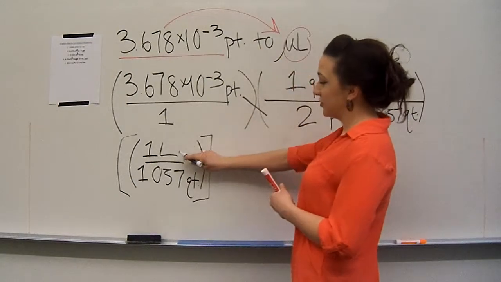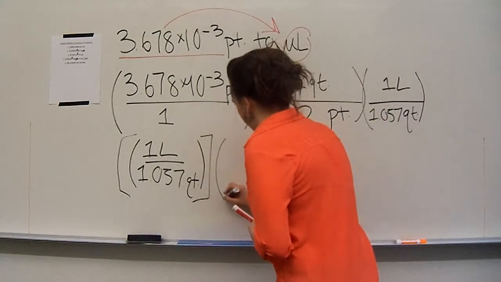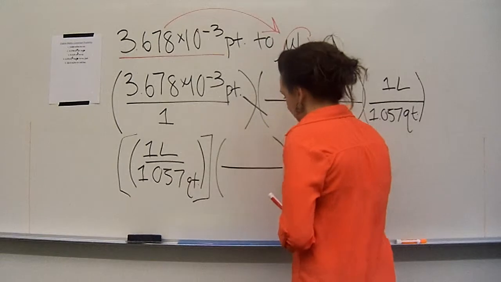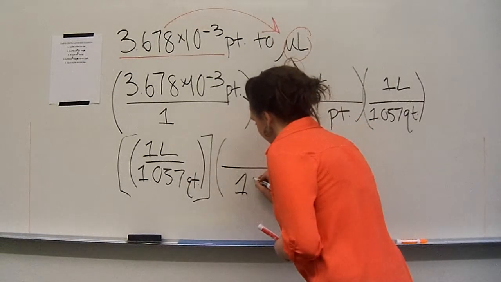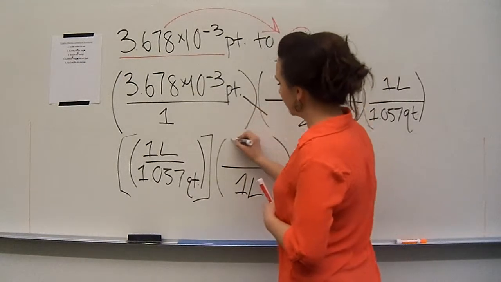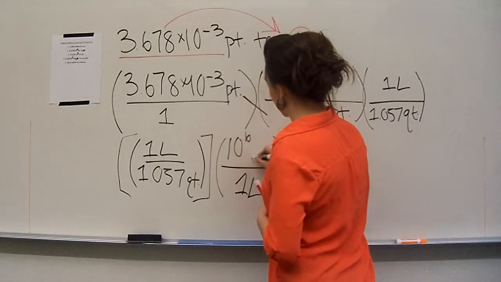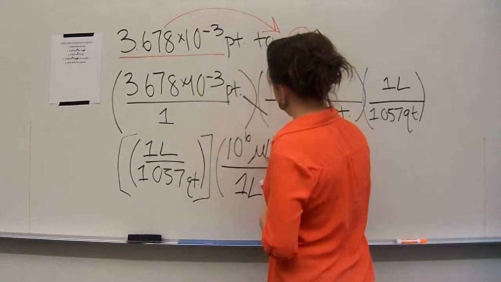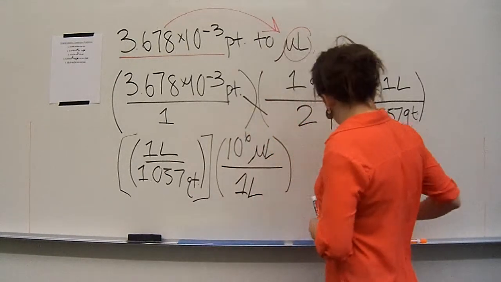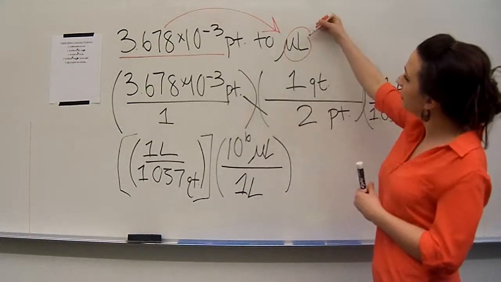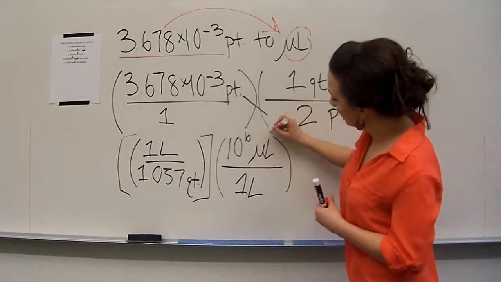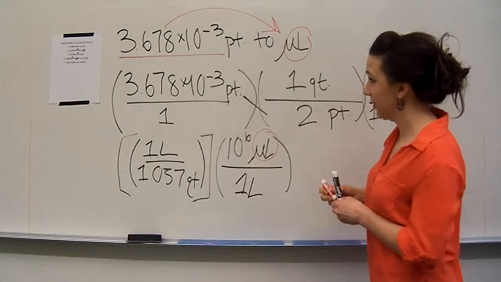So we will need to match liters diagonally. So 1 liter is equal to 10 to the 6th microliters. As you noticed, we were looking for microliters, and we have now reached microliters for our unit.